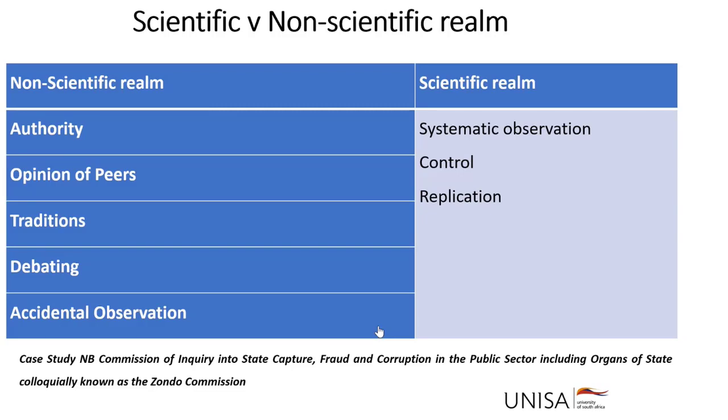So the evidence brought forward was basically to either prove or disprove that relationship.